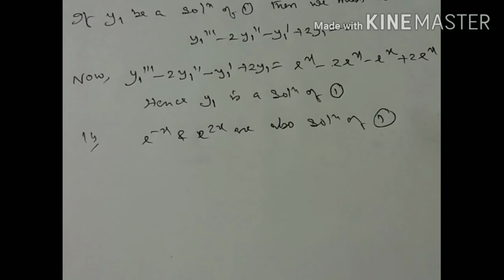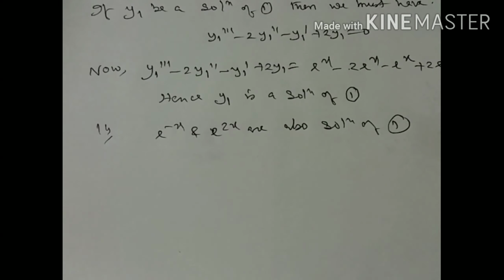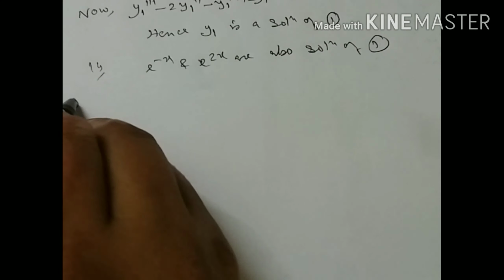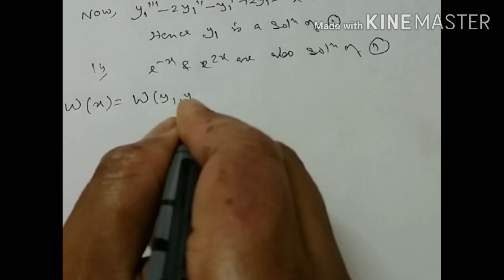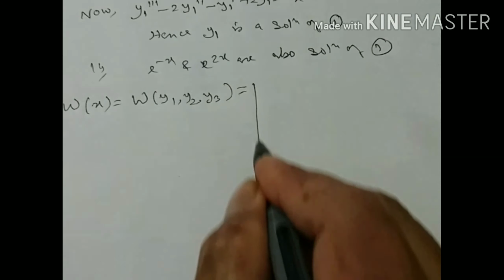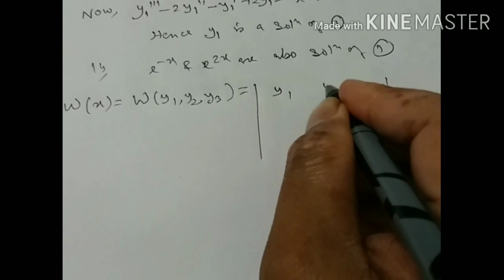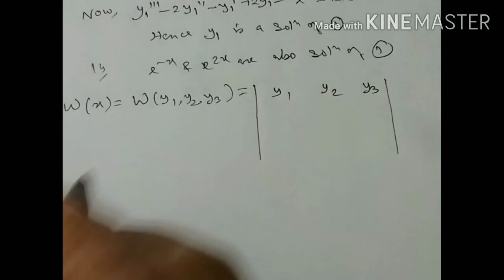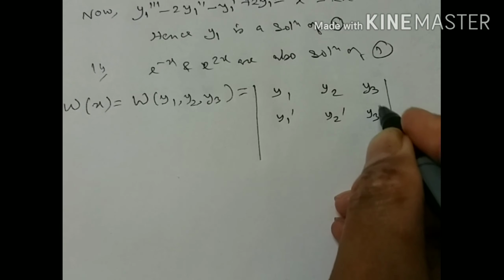Now we are asked to show that these three functions are linearly independent. So for linear independence, we have to find the Wronskian of these three functions y1, y2, y3. We can write it using a determinant. First row: y1, y2, y3. Then the first derivative: y1 dash, y2 dash, y3 dash.